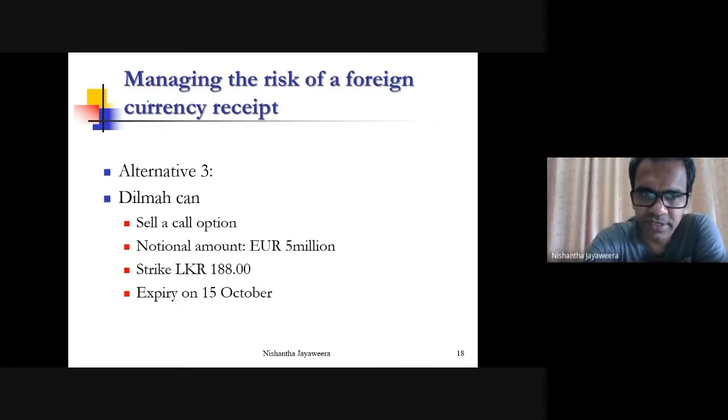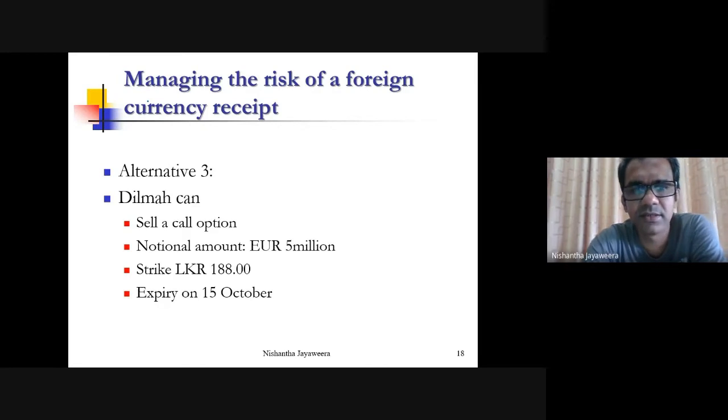But alternative 3 is also one option available to you, though it won't hedge the position as buying a put option or selling a forward contract does.